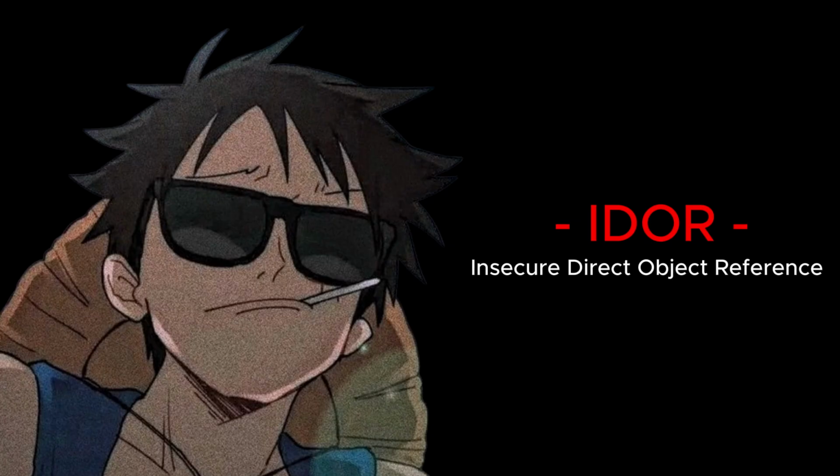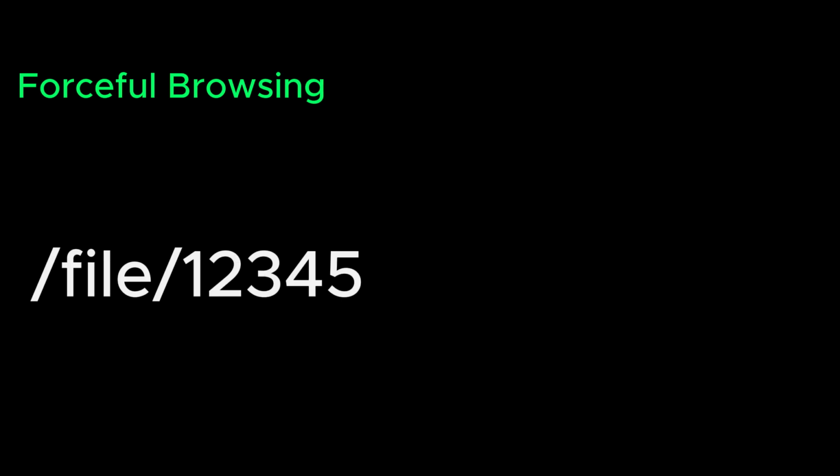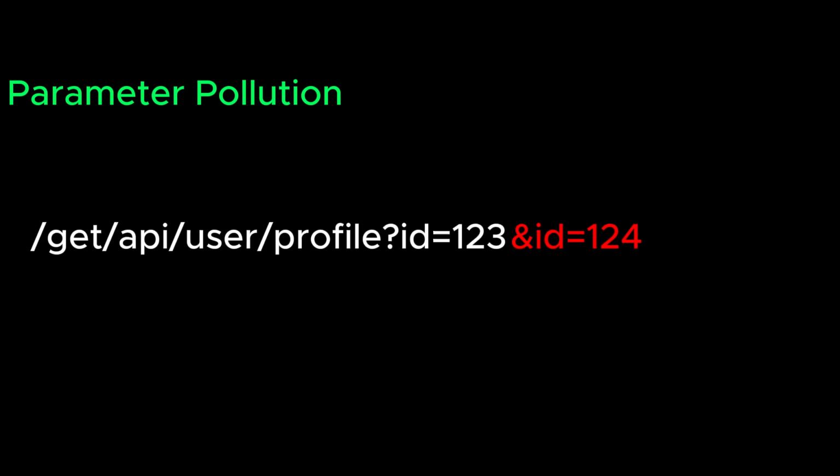Concrete techniques: manual parameter tampering, changing ID values in UI and API calls. Forceful browsing: try path changes on endpoints, for example /files/12345 and /files/12346. Parameter pollution: send both id=123 and id=124 and see which wins.